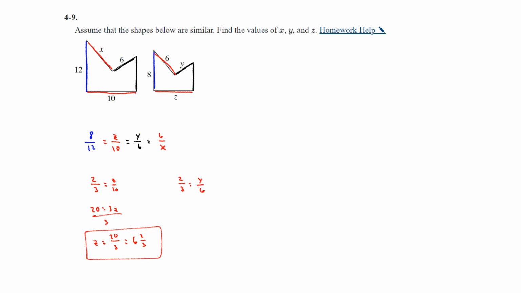So this will give us 12 is equal to 3y. Divide by 3, y is equal to 4. And then I'll continue to use the 2/3 because that's what was given to us. And then the 6 over x. And then this one I'll get 2x is equal to 18. x is equal to 9.